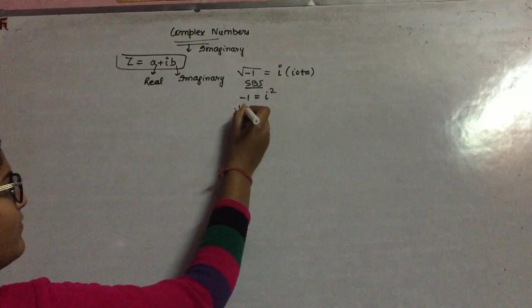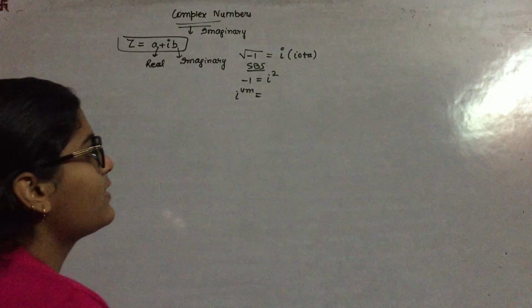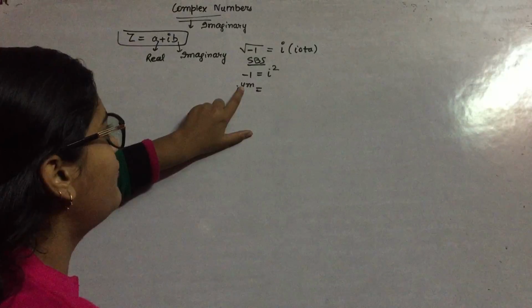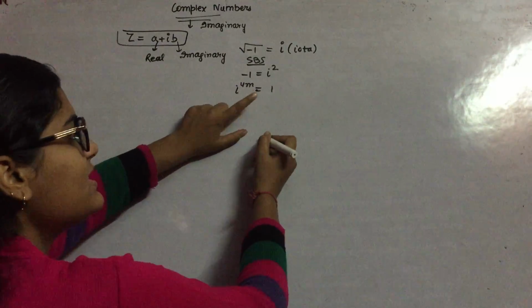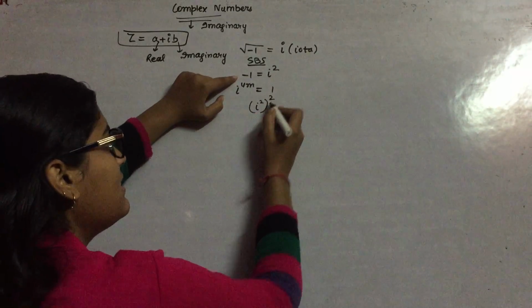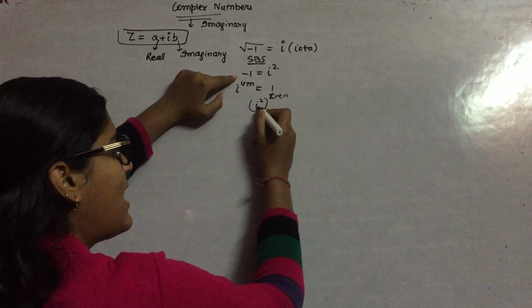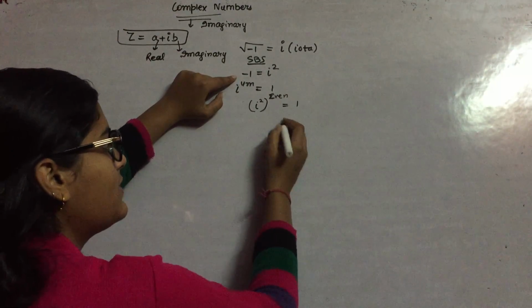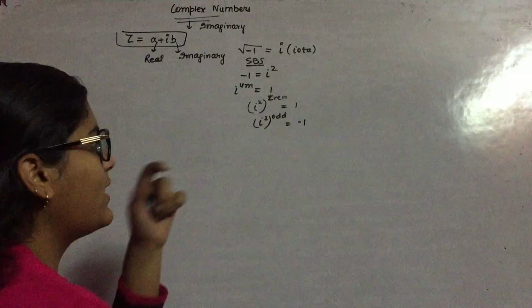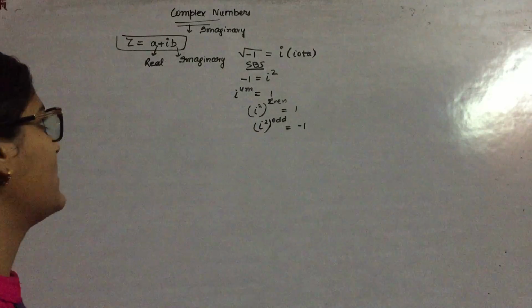Whenever you do iota raised to power 4n, let us suppose n is 1, then iota raised to power 4 is 1. Why is it? Because iota square is minus 1, and the even power of minus 1 is always 1, whereas the odd power of it is minus 1. Is it okay? Positive 1 and minus 1.